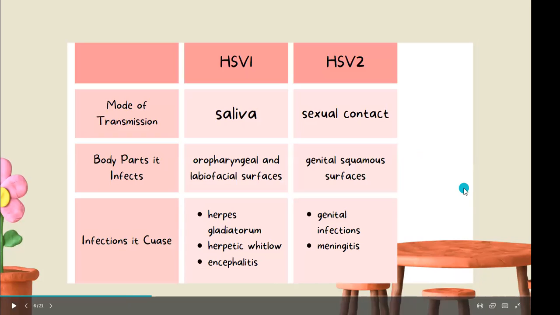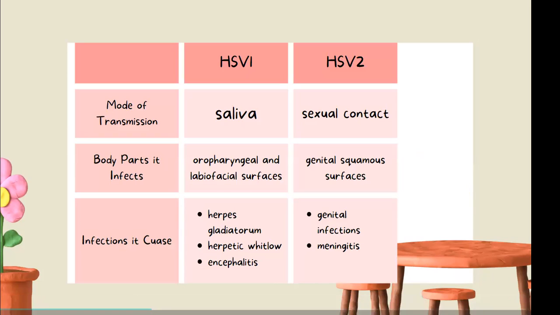Since I already mentioned that this herpes virus has two serotypes, type 1 and type 2, though they have some similarities, we have to distinguish the two for better identification in the laboratory as well as for their treatment.